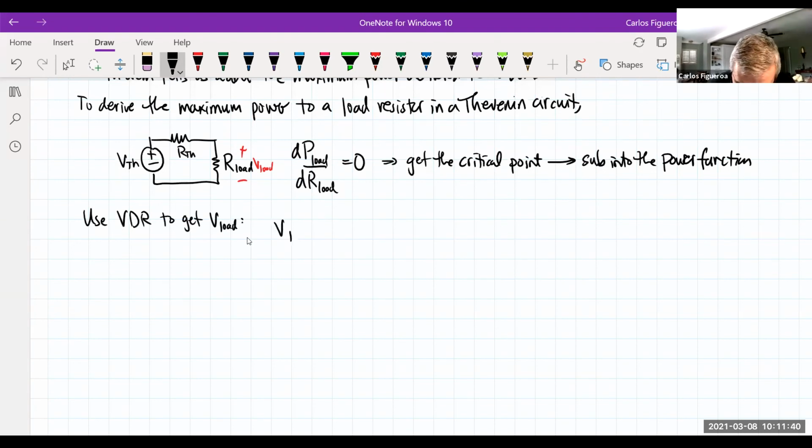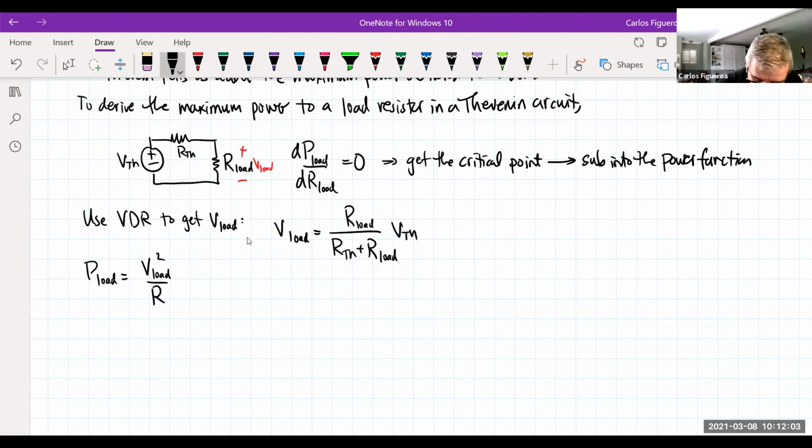So V of the load has to be our load divided by the sum of these guys right here, times VTH. Now that I have that, I know that the power of the load should be V of the load squared divided by R of the load.